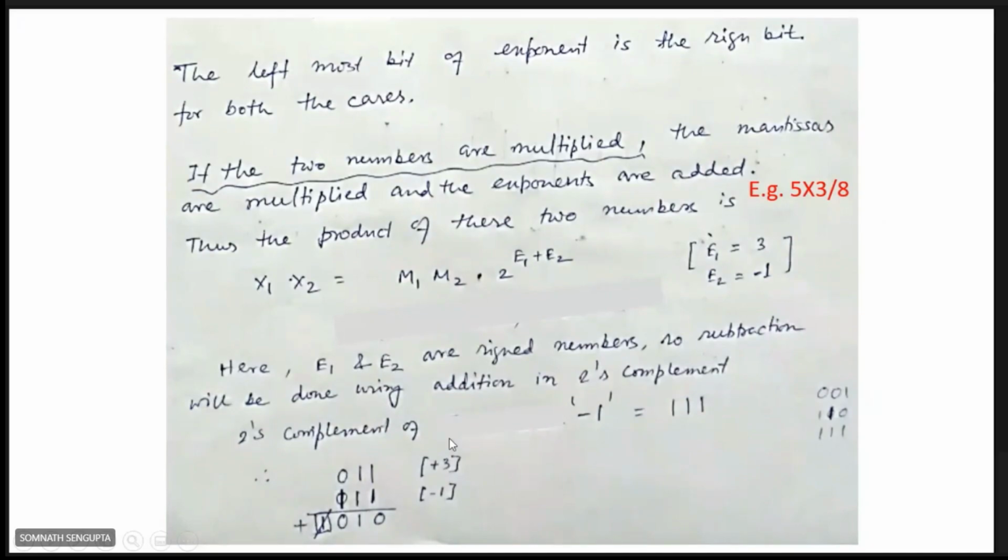For the positive number there is no change, because in 2's complement positive numbers do not change. So it is 0, 1, 1. But -1, which was 1, 0, 1 in sign magnitude, should be converted into 2's complement. How do we write -1 in 2's complement?